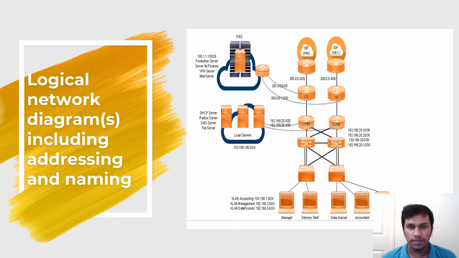Here we can see that the DMZ firewall is surrounded by the VPN server, and there are the DHCP server, DNS server, file transfer server, and RADIUS server, which helps to retrieve the messages from the user, helps to provide IP addresses, and also provides more security for these protocols. The internet service provider is directly connected to the routers, and this IP address, 192.168.20.16, is given by the DHCP server, which I already mentioned before.